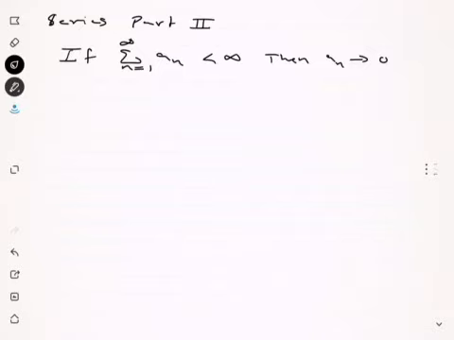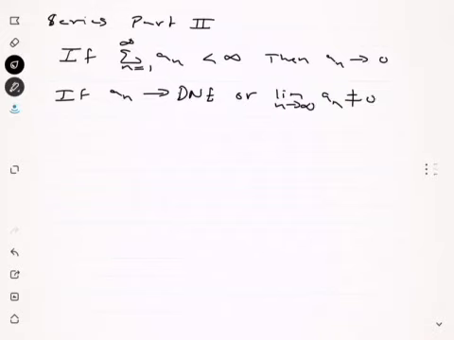And a corollary to this would be the contrapositive of this statement, and it's called the nth term test for divergence, which says that if the limit of an does not exist, or the limit as n approaches infinity of an is not equal to 0, then the series diverges.